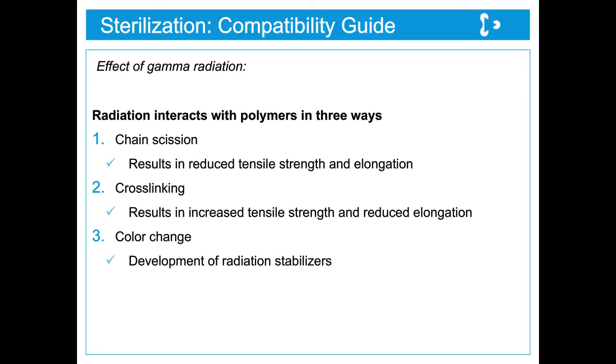And again, that's not good for specific applications. Lastly, they can cause a color change. When you're actually manufacturing plastics, there are stabilizers and modifiers that are put into the resin to help in the fabrication process. Now, the gamma irradiation can interact with these stabilizers and actually turn the color of the plastic, and it's usually a yellow color it turns.